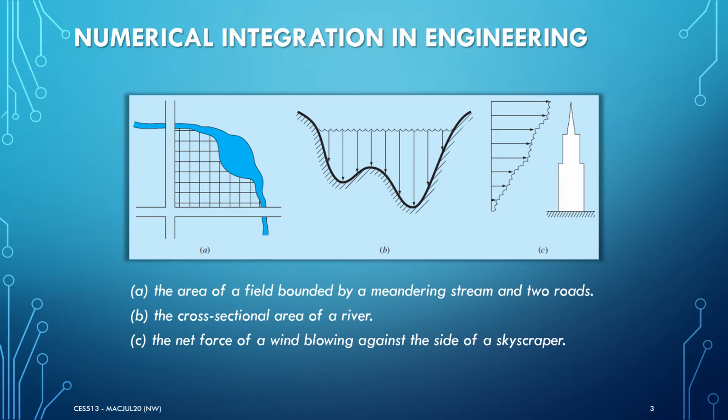For figure B, a water resource engineer might need to know the cross-sectional area of a river, while C is the example where a structural engineer wants to determine the net force due to a non-uniform wind blowing against the side of a skyscraper.